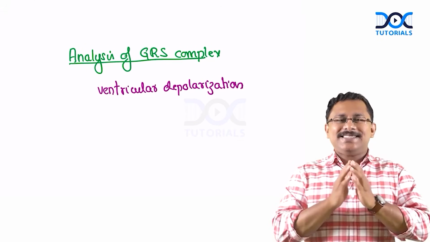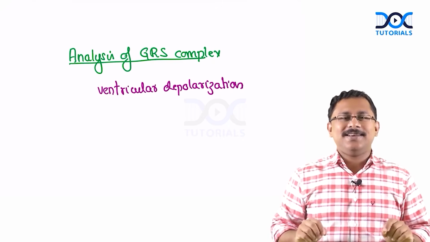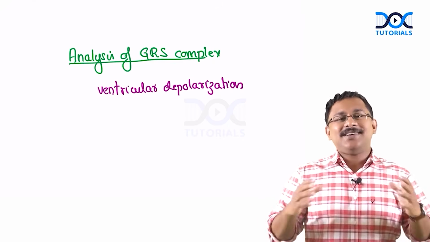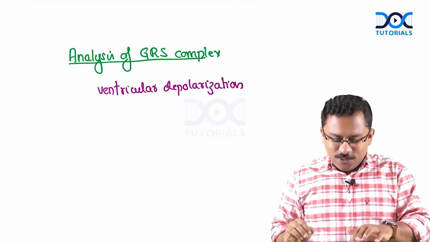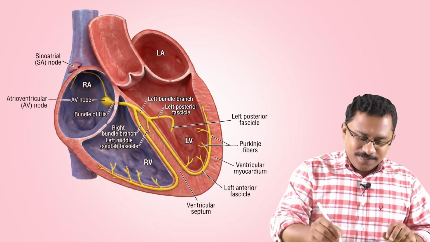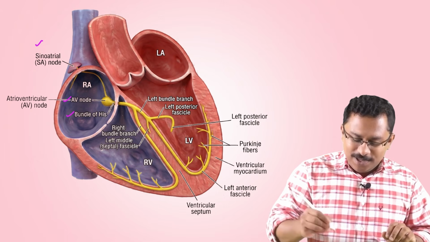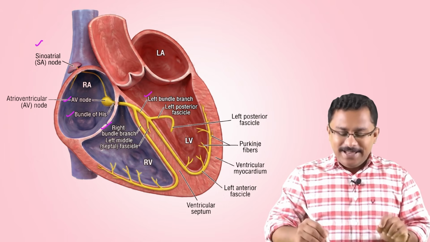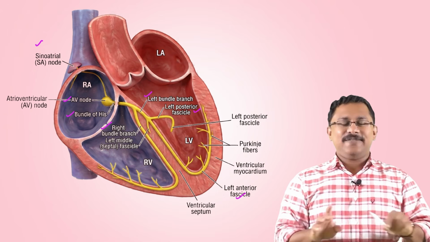You must understand one point: ventricular depolarization is predominantly dependent on the conduction across the bundle branches. If I take you to the image of the conducting system of the heart, you have the SA node here, the AV node, the bundle of His, the left and right bundle branches, and the left bundle branch having a posterior fascicle as well as an anterior fascicle.